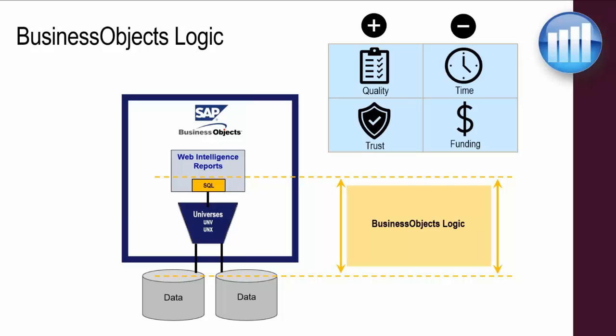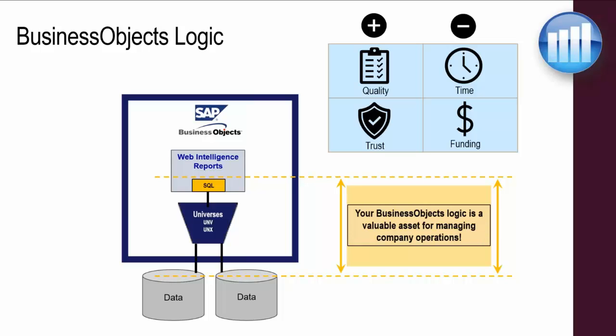On the negative side, though, there's been a lot of time and a lot of funding and resources that have gone into building up all of this. So the main point that we're making here is that your business objects logic is an asset, and it's a valuable one, and it's very important to managing your company operations. It's been built up over time, but it's most definitely an asset that needs to be recognized and leveraged going forward.